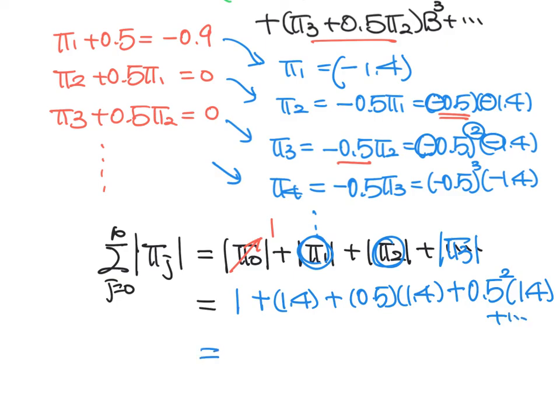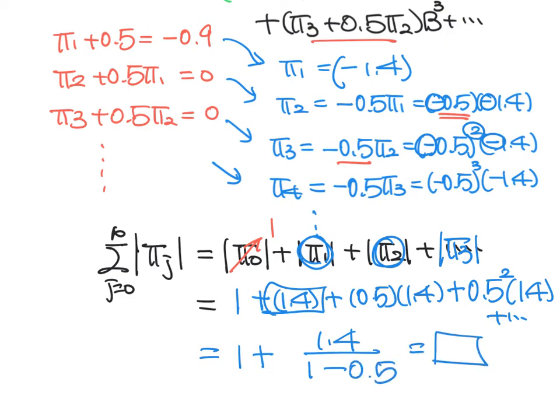So finally, the summation will be 1 plus, what is the first term? 1.4 over 1 minus, who is the multiplier? It's 0.5. So you can take the answer, but it must be less than infinity.